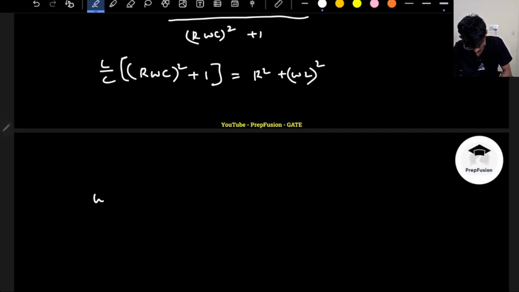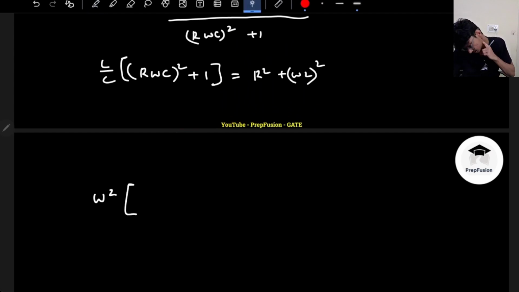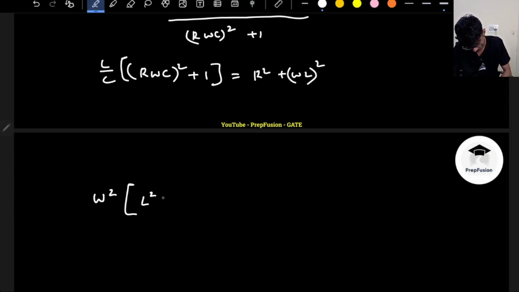If I take L by C to the right hand side, omega square common, this will be omega square into (R square LC minus L square), that is L square minus R square LC.